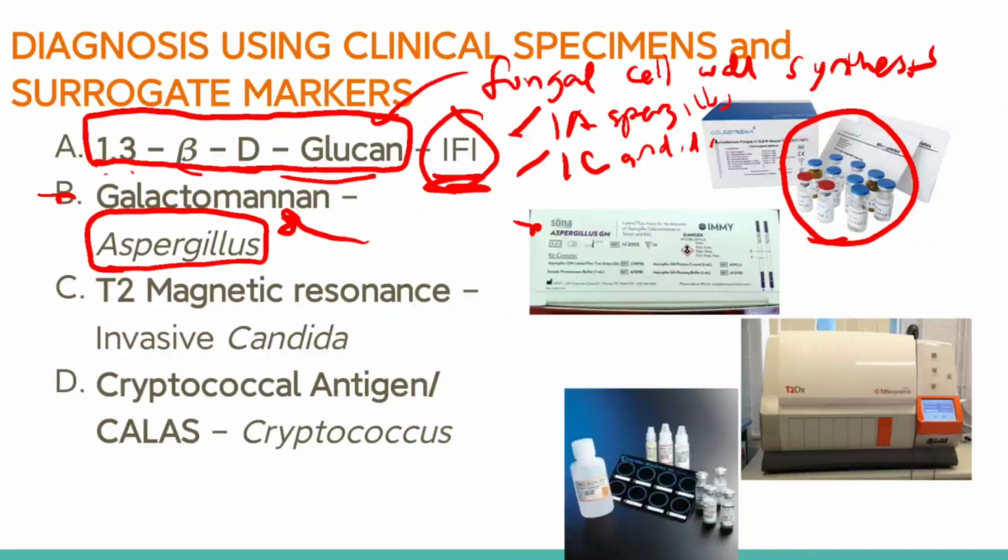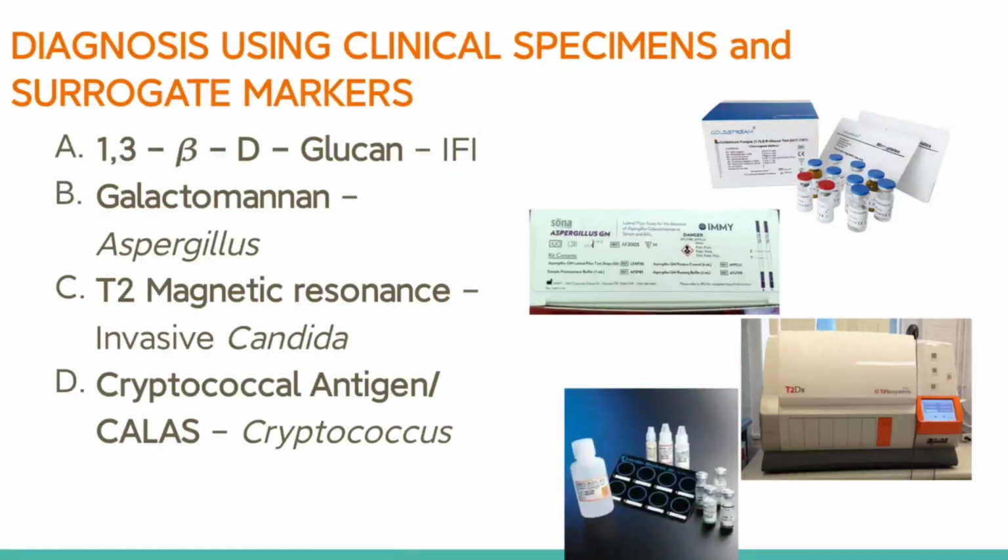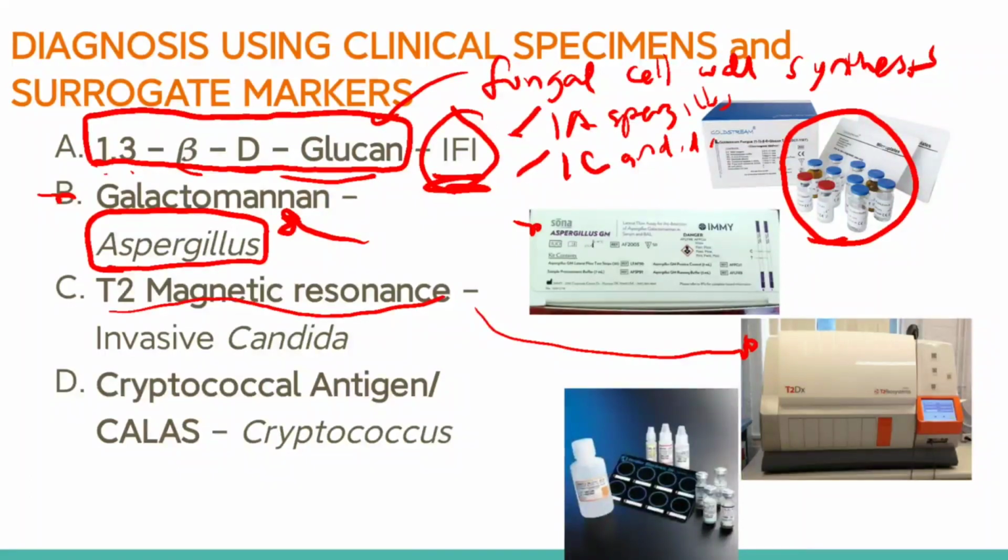Okay, next we have also the T2 magnetic resonance. So, it is a special machine na gumagamit ng magnetic resonance. And it is also for the detection ng, actually, general test to for presence ng microorganisms sa blood, no? Pero this is best used for detection of candidemia, no?